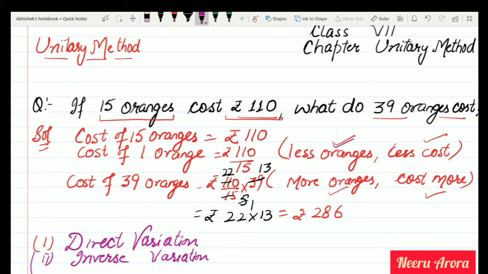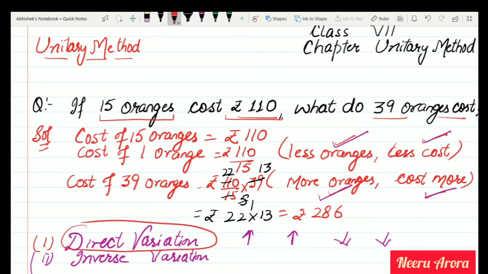Here we can see less oranges, less cost, more oranges, more cost. If one unit increases, the other also increases. If one decreases, the other also decreases. This is known as direct variation or direct proportion. In this video, we will discuss only direct variation.